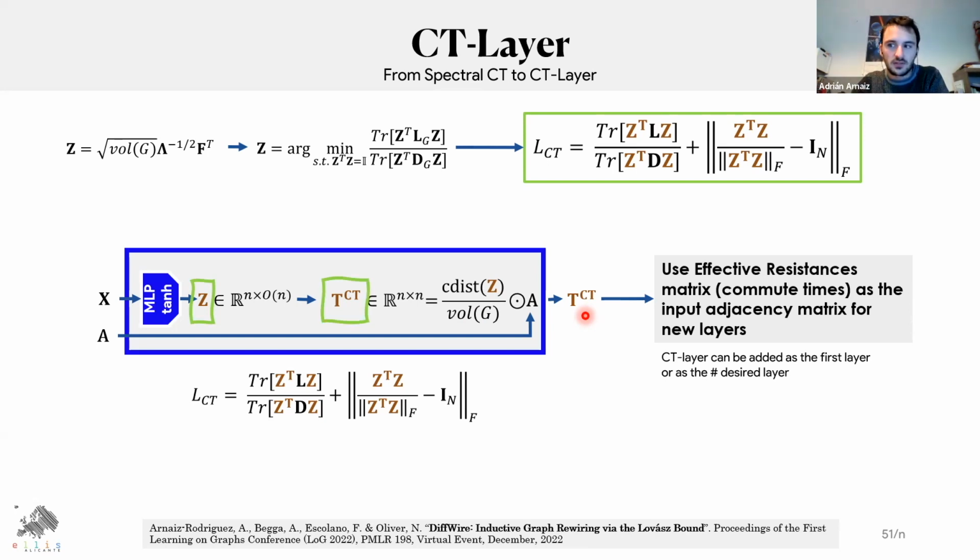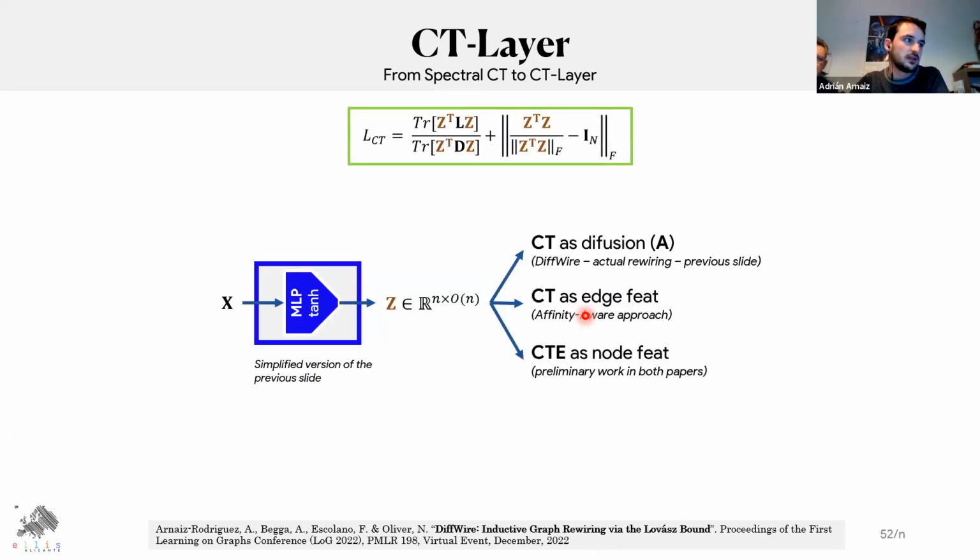We have already seen theoretically what it is. And if you see this layer, it's as simple as this. It's an MLP that learns with that loss function. And you can use then this commute times embedding as an adjacency matrix, as we have done in our experiments. You can use it as edge feature.